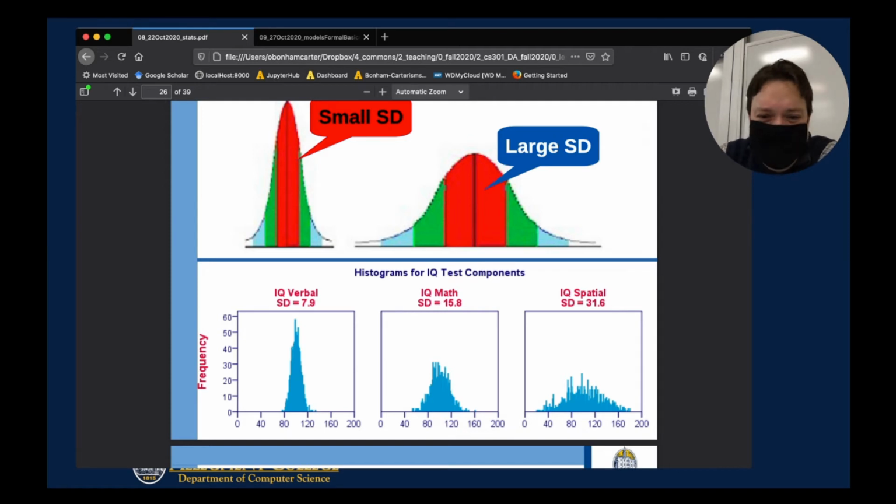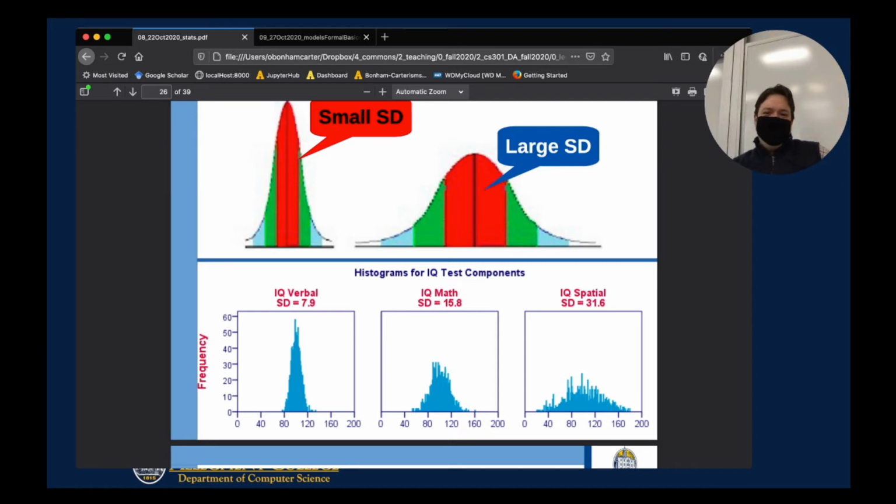My math seems to have a larger standard deviation where things are more spread out, which means there's more variability perhaps in how people do on the math test. And if I see the IQ spatial, I can see that there's a lot of variability here.